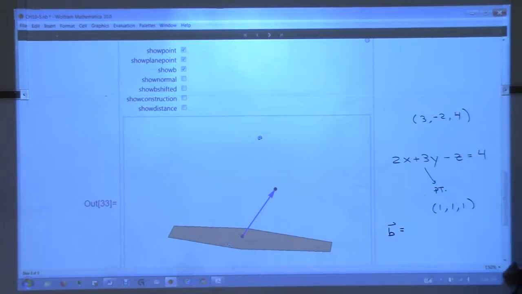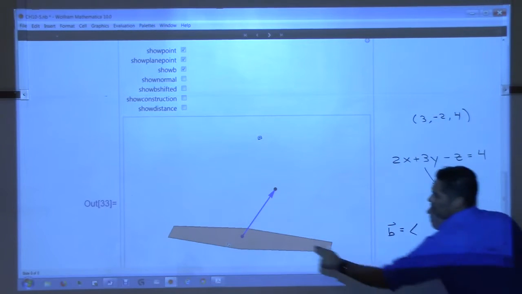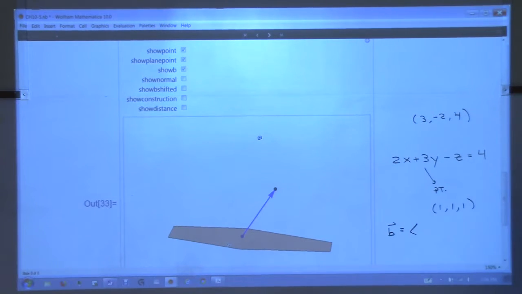What would that be for us in this particular example? What's that vector b, the one from here to here? 2, -3, 3, right? So if we're going from this point to this point, then we're going to basically subtract these coordinates from those coordinates. So that's our vector b.